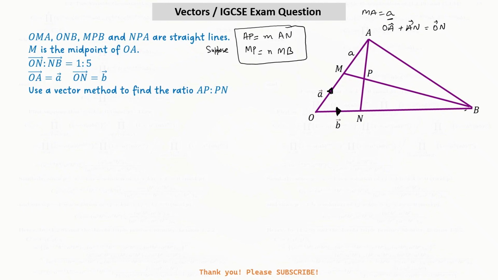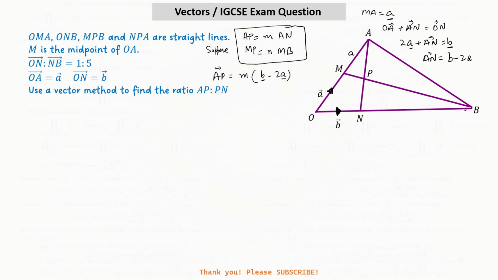So I can say twice of A plus AN is equal to ON, that's B. So these are all vectors A and B. So vector AN is equal to B minus 2A. So therefore we can write AP in terms of vector as equal to M times B minus 2A.